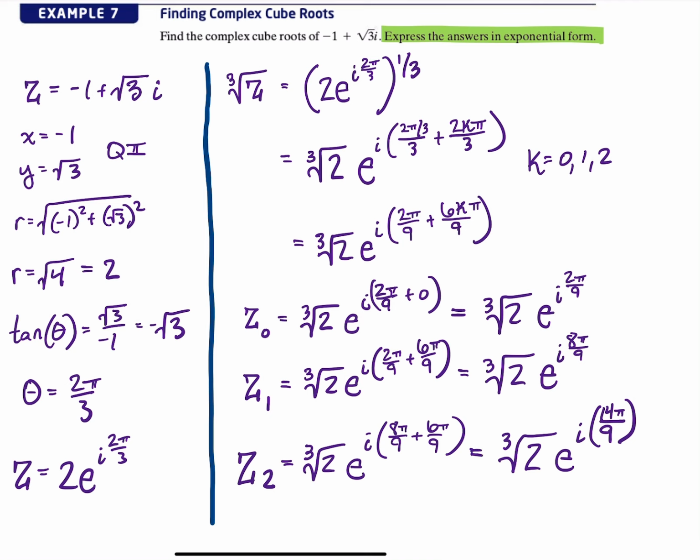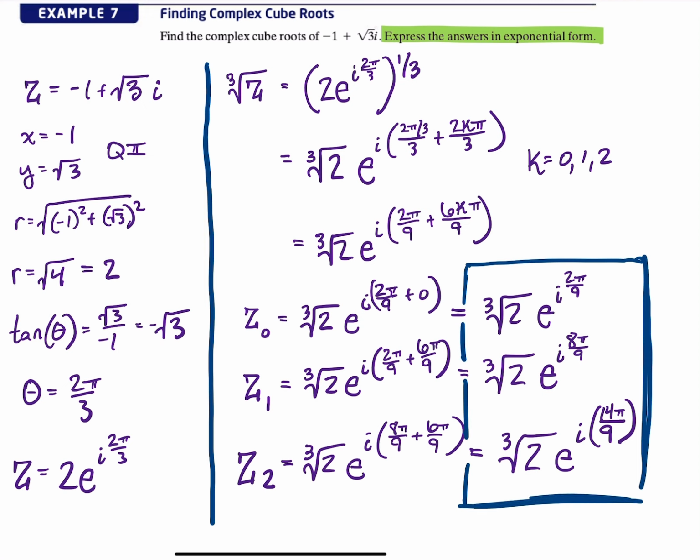And those will be our three solutions. Remember we stopped counting at 2 here. So if it was the fourth roots, we would have one more. We would just keep going until we hit the correct number.